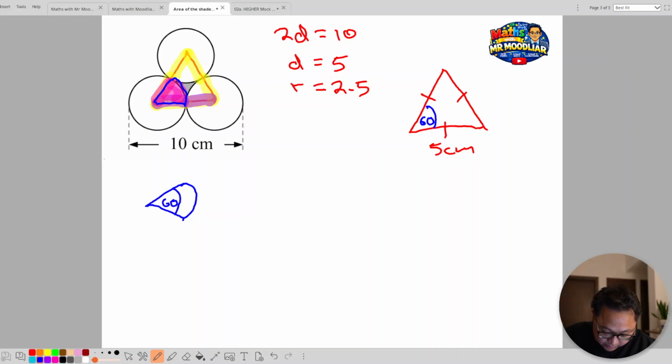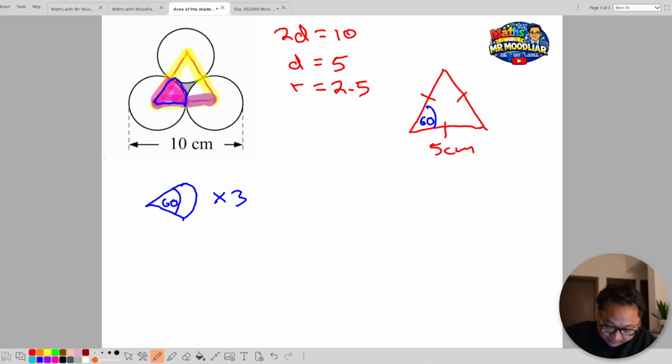Very, very important. Now, how many sectors do we have there? I can see three. So I'm just going to multiply that one by three because I see three sectors, three slices of pizza if you are really, really hungry. Anyway, let's crack on with the maths now.